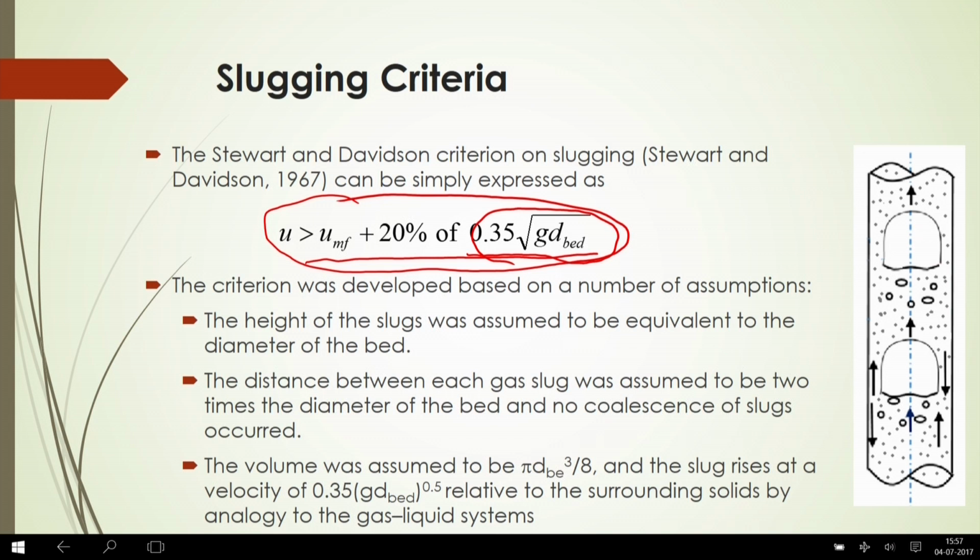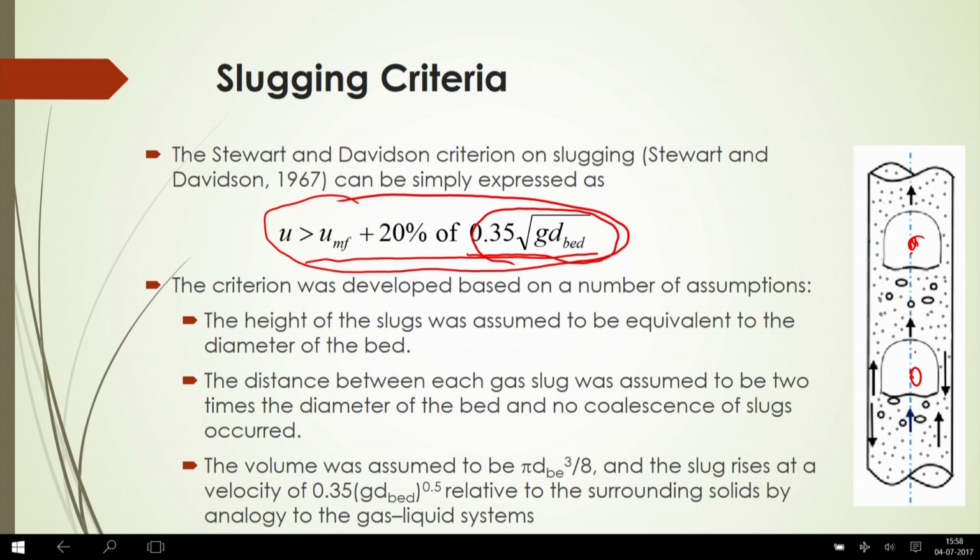And the criterion was developed based on some assumptions. Their assumption was that the height of the slugs is equivalent to the diameter of the bed, and the distance between two gaseous slugs is 2 times the diameter of the bed, and no coalescence of the slug occurred.